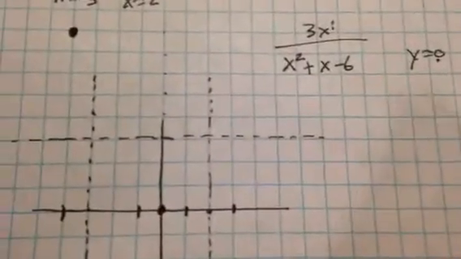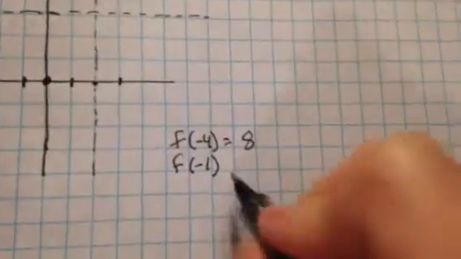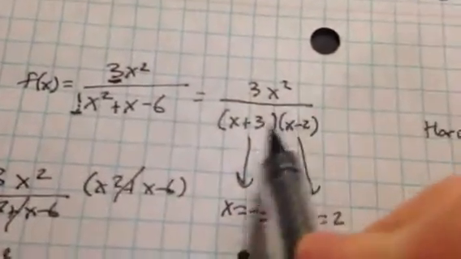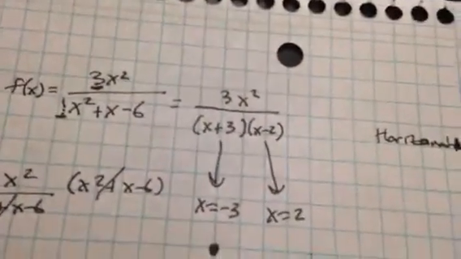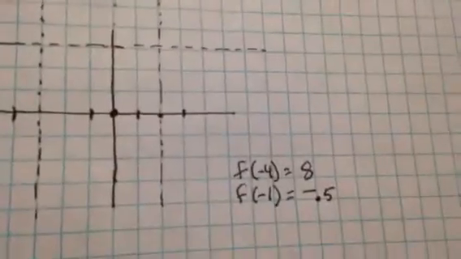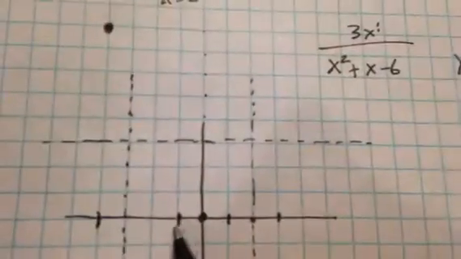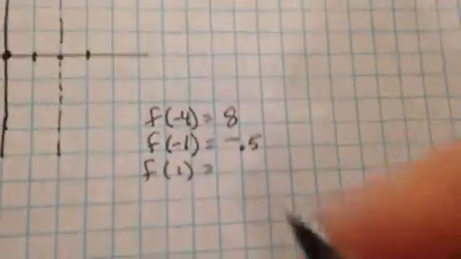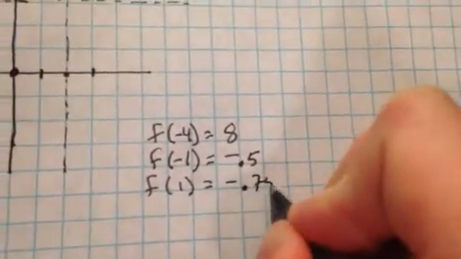I plugged in -1, like I said. If I plug in -1 for all of these x's, I got out -0.5. So go back 1 and down 1/2. I next plugged in +1 for all of those x's, which gave me -0.75.